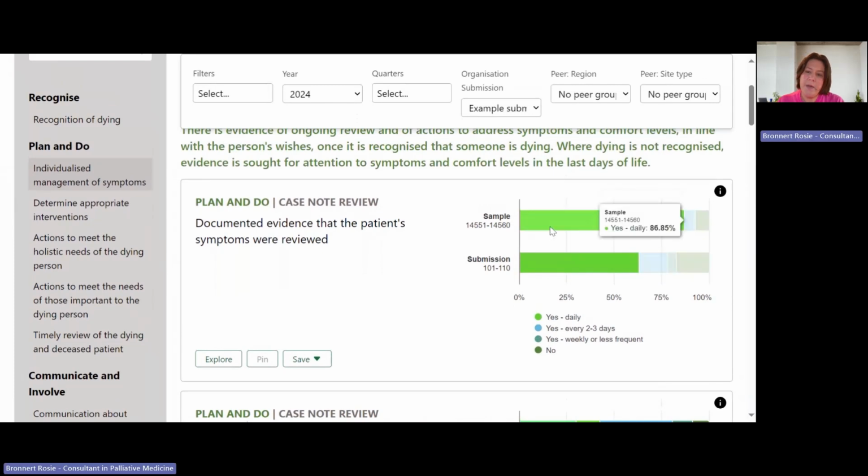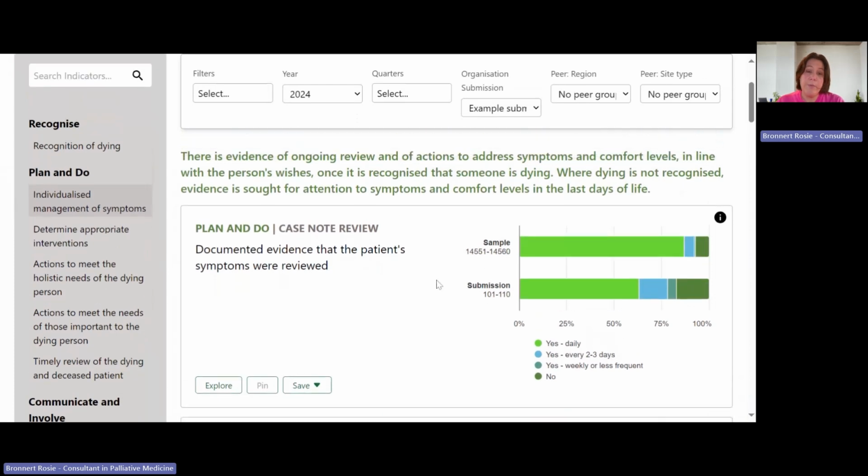So here you're seeing that there is a quite significant gap between daily reviews being documented of an assessment of someone's symptoms. And this example organisation may want to see whether that's different, whether somebody was recognised as dying or not.